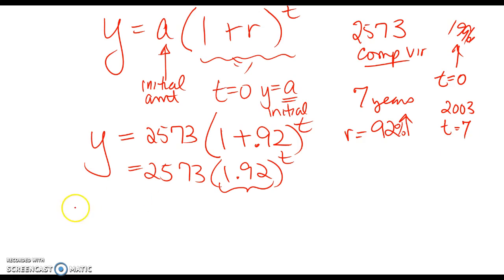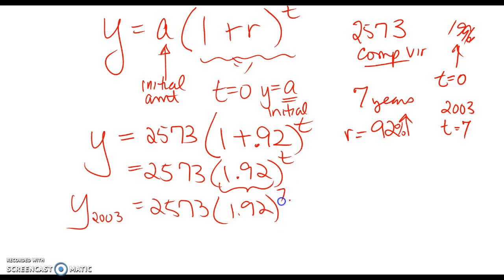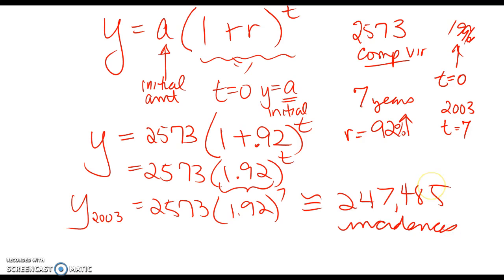So we say y in 2003 equals 2573 times 1.92 to the 7th, which is about 247,485 incidences. What this shows you again is when you're working with a real life situation, this A is the initial amount of whatever you're talking about.